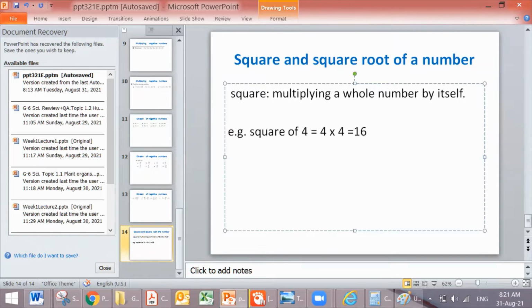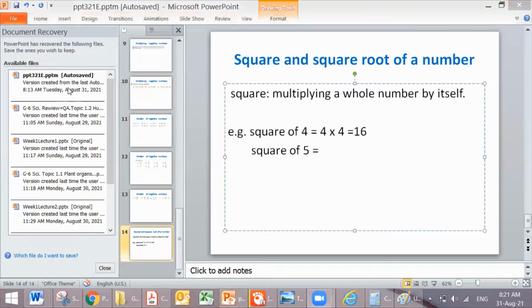Okay, and if I ask you what is the square of 5, can you answer it? Square of 5, what will be the answer? It is very easy. Okay, yes, Ahmad Ashraf, very good.